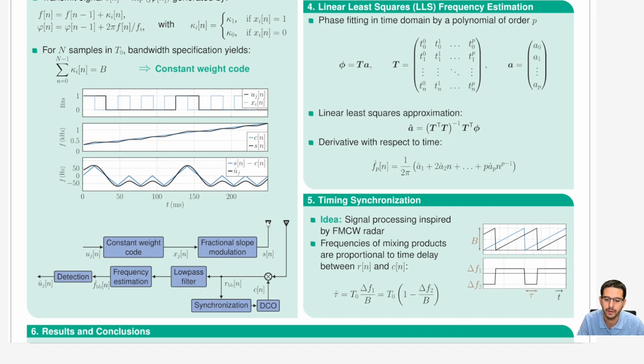And then on the receiver side, we need to evaluate the difference between the linearly modulated chirp and the slope-modulated data-carrying chirp. For that, we can just mix both signals and evaluate the instantaneous frequency in time domain after low-pass filtering.